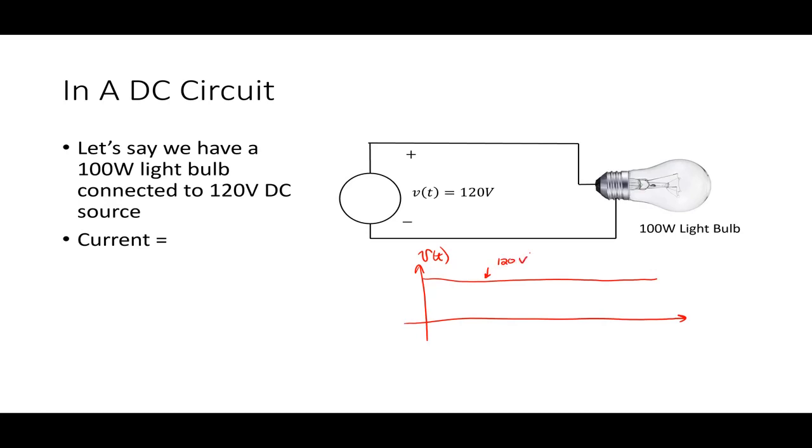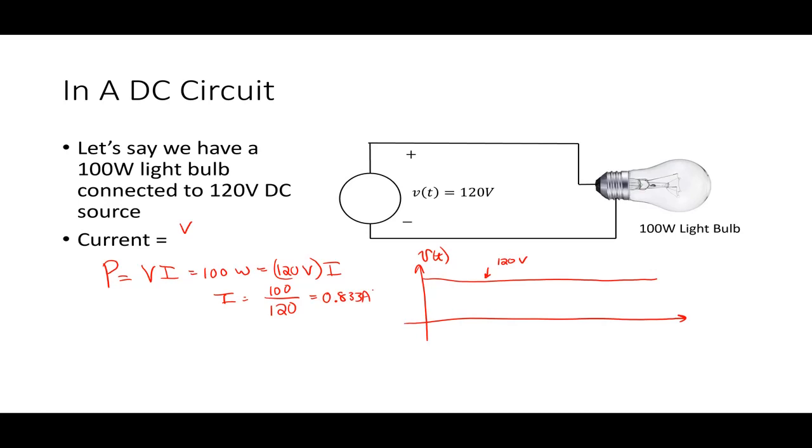If my light bulb is rated at 100 watts, since power equals VI, with 100 watts and 120 volts, my current I must be 100 divided by 120, or 0.833 amps.